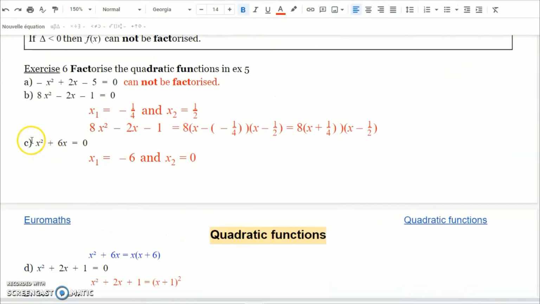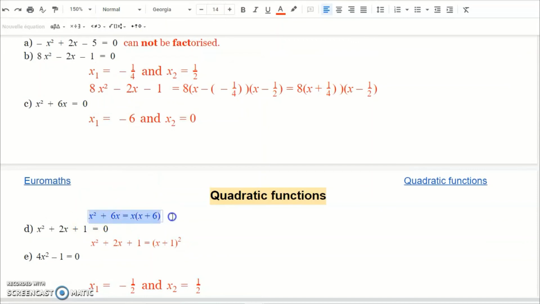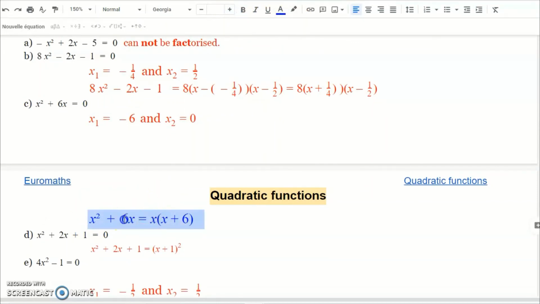C, x squared plus 6x. We can factorize this as x minus 0 times x minus -6, so x times x plus 6. A is equal to 1.